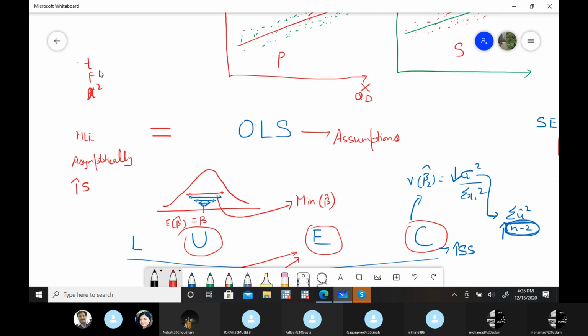Only in MLE they have changed: in place of t, Z in the logit model; in place of F, likelihood ratio; then chi-square for the likelihood ratio, and for R-square, pseudo R-square. And the interpretations in the two are different. So if you can find linkages and be consistent, you will understand econometrics.